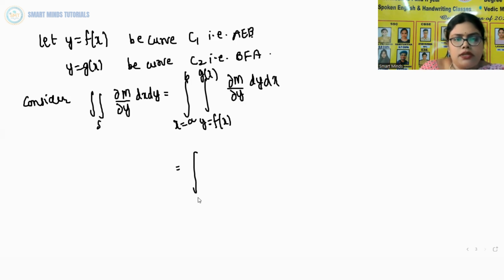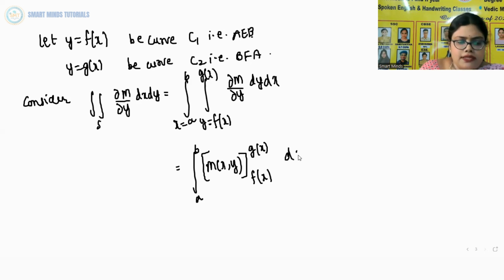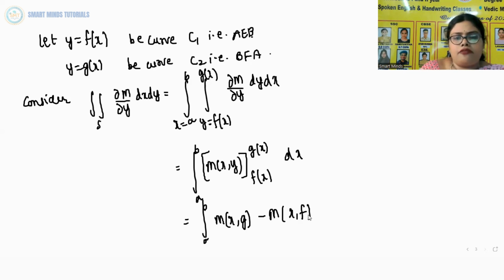Now what is the integral of ∂M/∂y dy? It is M of x comma y. After integrating, we have to apply the limits. Lower limit is f of x and upper limit is g of x. That equals the integral a to b of M of x comma g of x, applying the upper limit first, minus M of x comma f of x, the lower limit, dx.